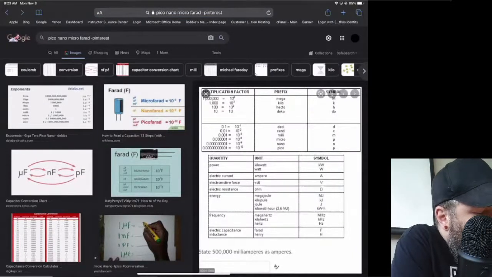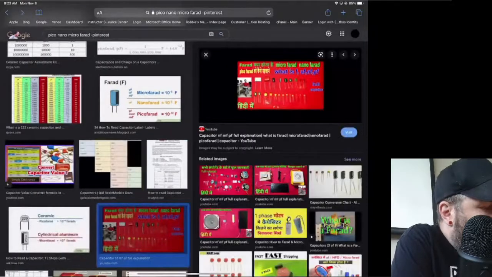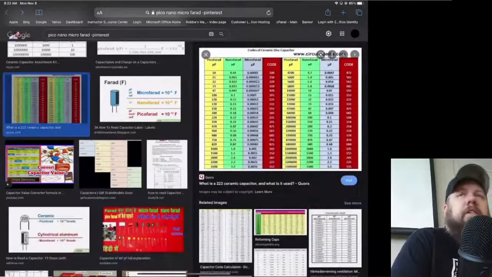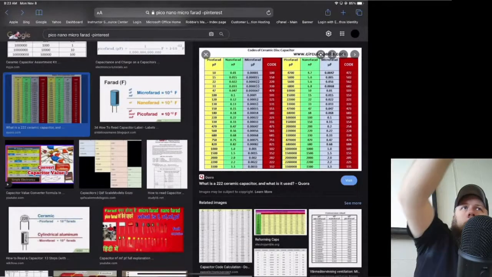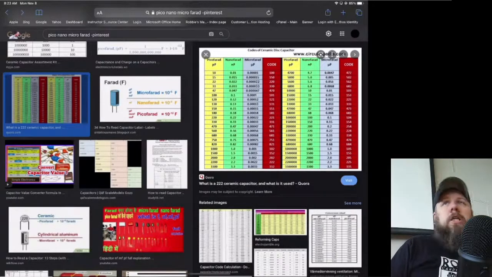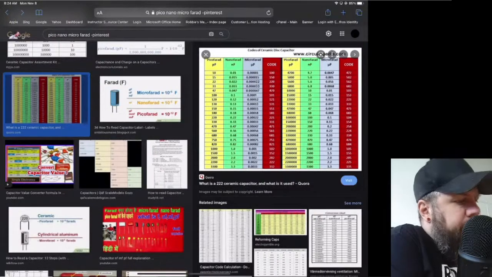And if you look right here, you've got 10 to the negative 6, which means you're moving that decimal point 6 places. Which, 1 million, you've got 6 zeros.